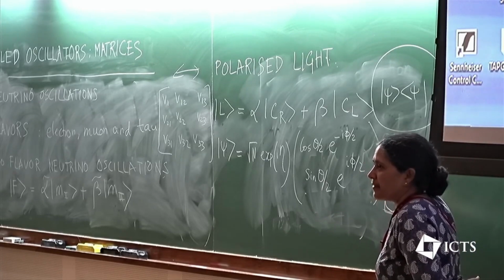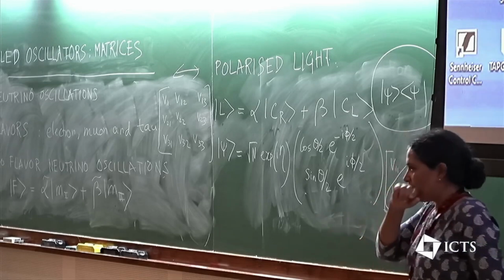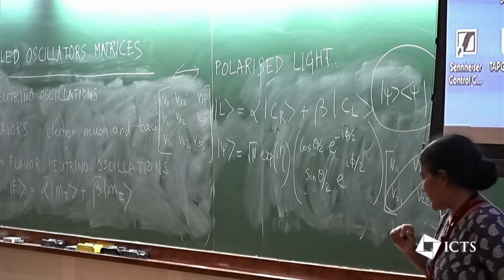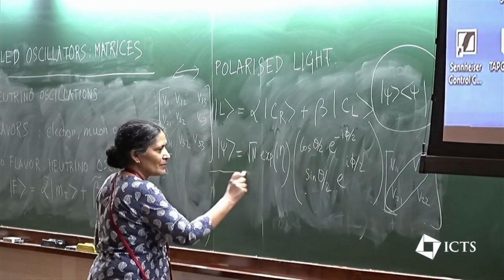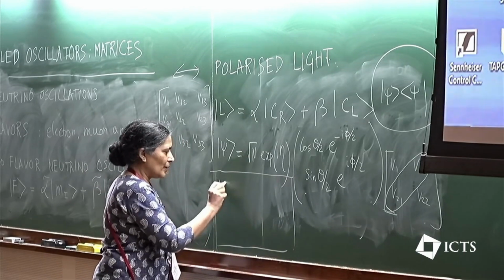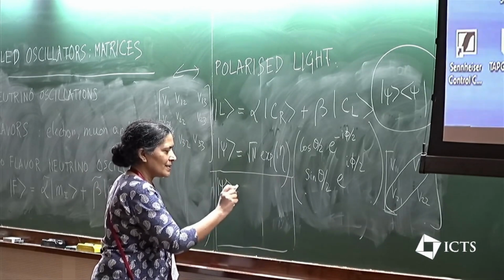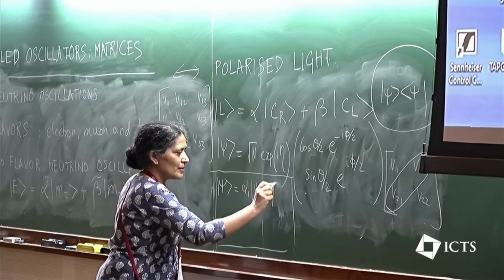These are called mixing. I feel that mixing is a slight misnomer, but maybe I won't get into that. If you take any quantum mechanical state, it's a coherent superposition of 2 states.